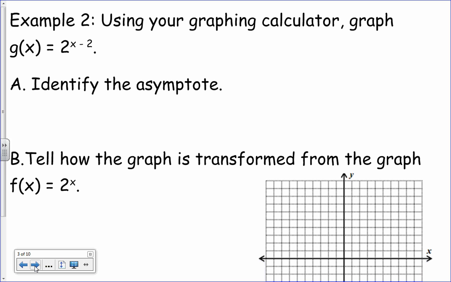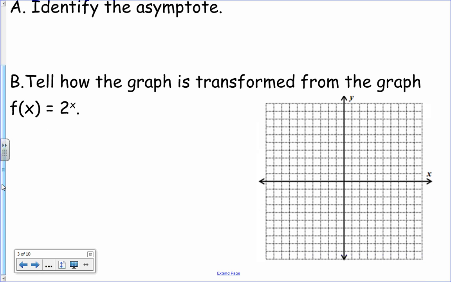If we made our table, though, we could actually see, let's see, at 2, we have a point at 2, 1. We have a point at 3, 2, at 4, 4, at 5, 8.